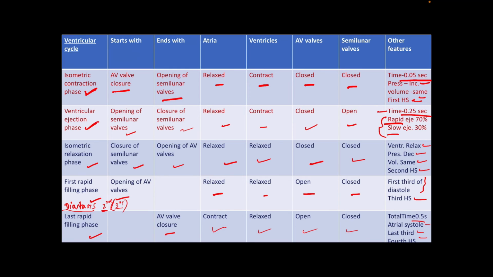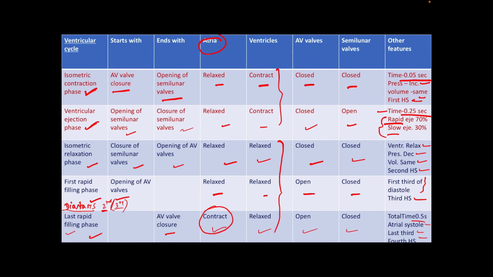So if we overlook this table, the atria contract during the last rapid filling phase only. During the systole, ventricles are in contracted stage, and in diastole they are in relaxed stage.